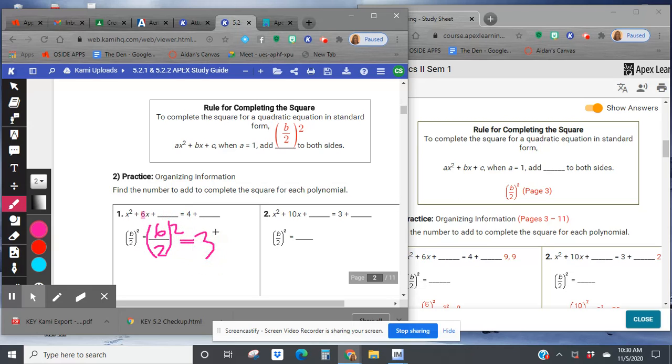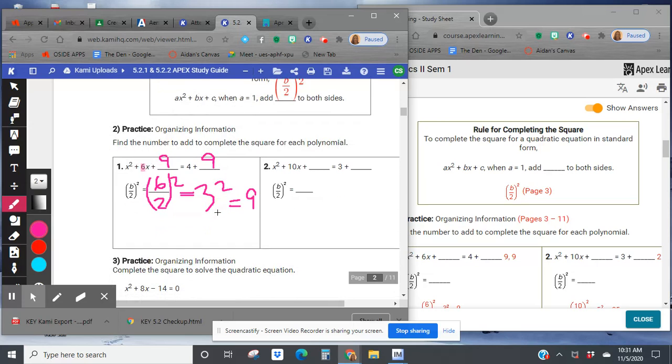So that gives us 3 squared. 3 times 3 is just 9. So completing the square means adding 9, but I can't just arbitrarily add 9 only to one side of the equation. If I add 9 to one side, I have to add 9 to the other side as well to balance. So let's go complete the square on this one using the same steps.